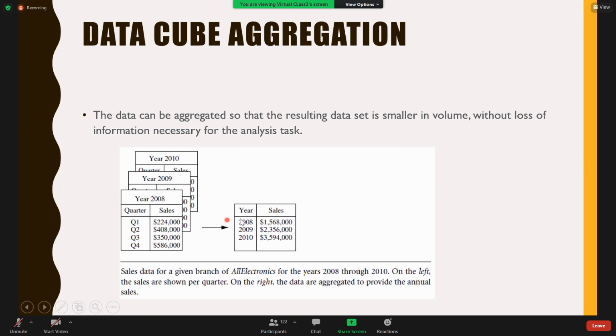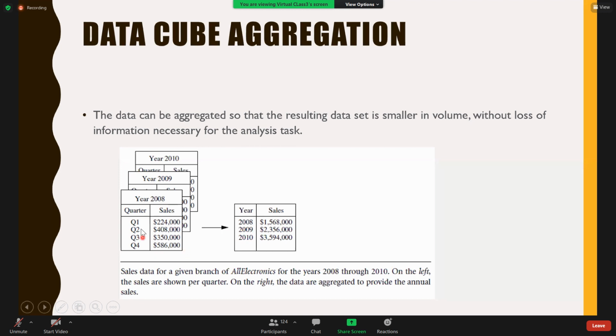Now if you apply data cube aggregation, you obtain the annual sales. You are aggregating these quarterly sales and collecting the yearly sales. For 2008, the total is the sum of all these: $2,24,000, 4,08,000, 3,50,000, 5,86,000.